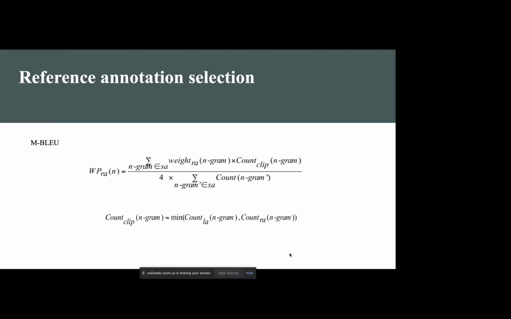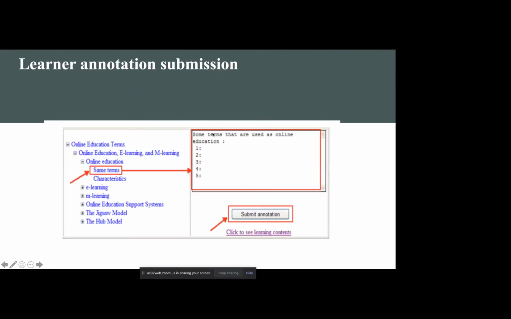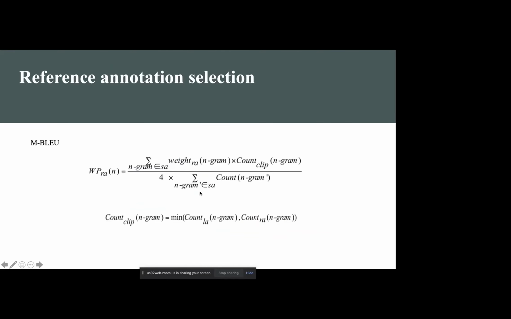Here is the formula for that. WPRA is the weighted n-gram precision for the reference annotation as well as the learner annotations. And the total weight is calculated here, like the total percentage is the weight here.